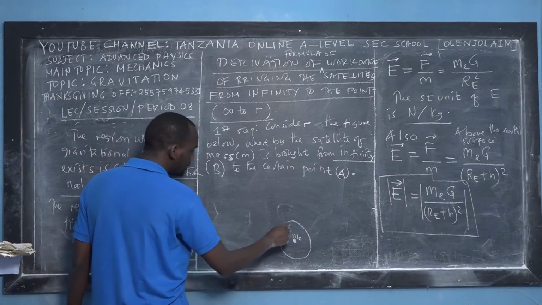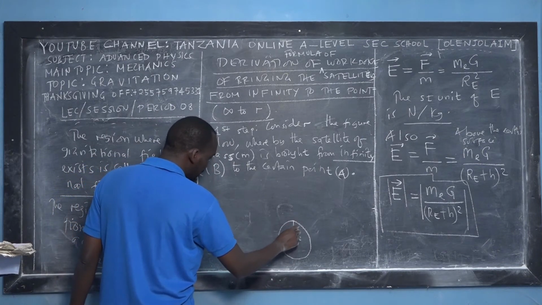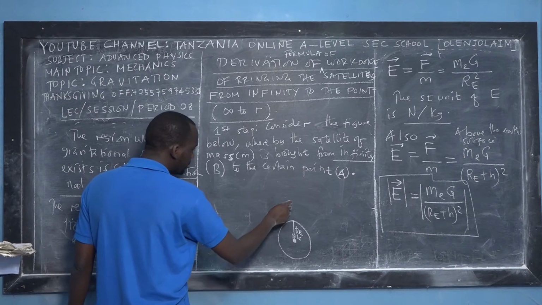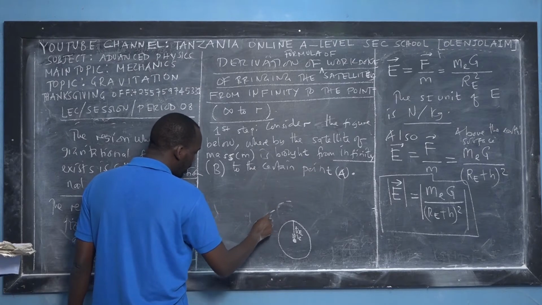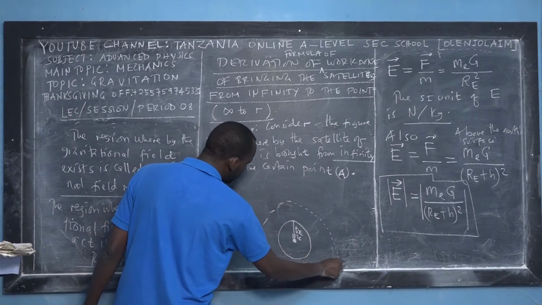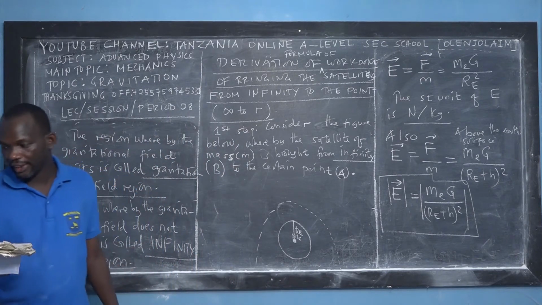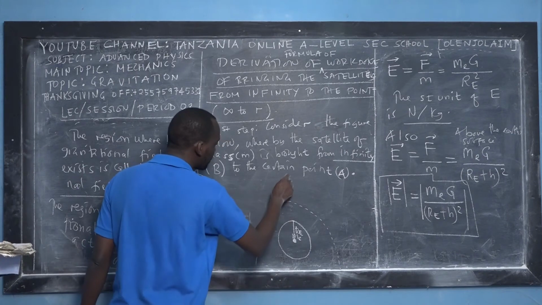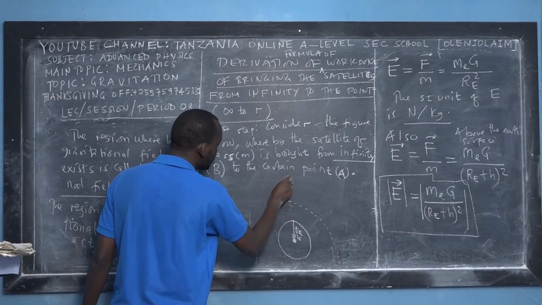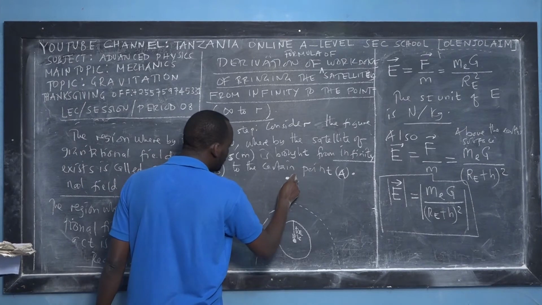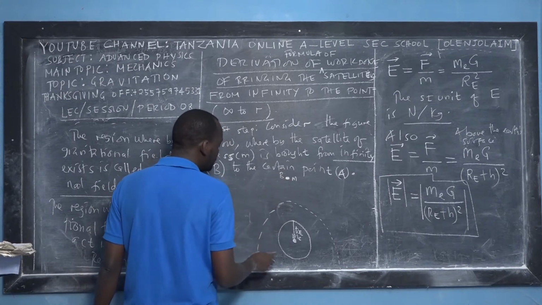This is the mass of the Earth, and here we have the radius of the Earth, and suppose that this is the gravitational field region of the Earth. And suppose that we have a satellite at infinity. So this is the satellite of mass m at point B.